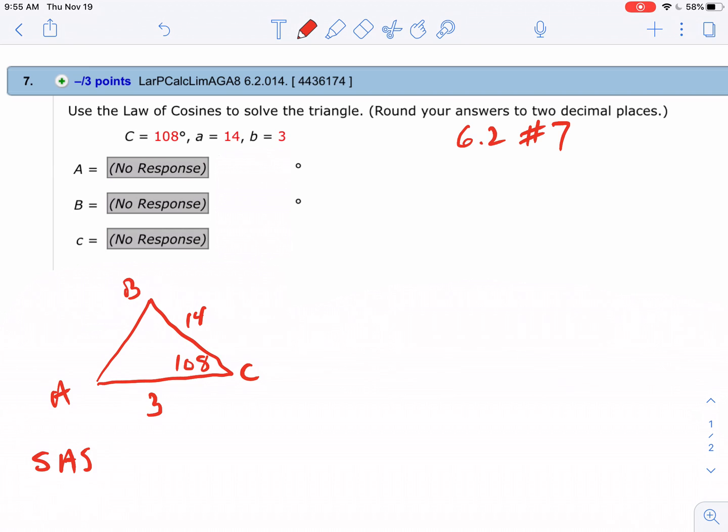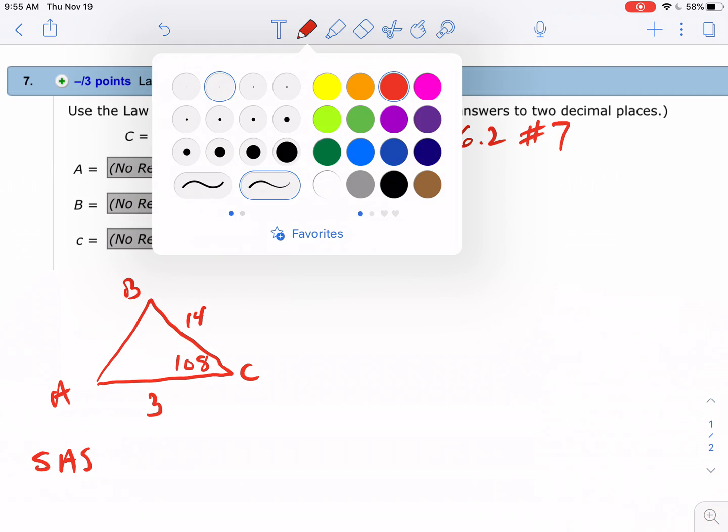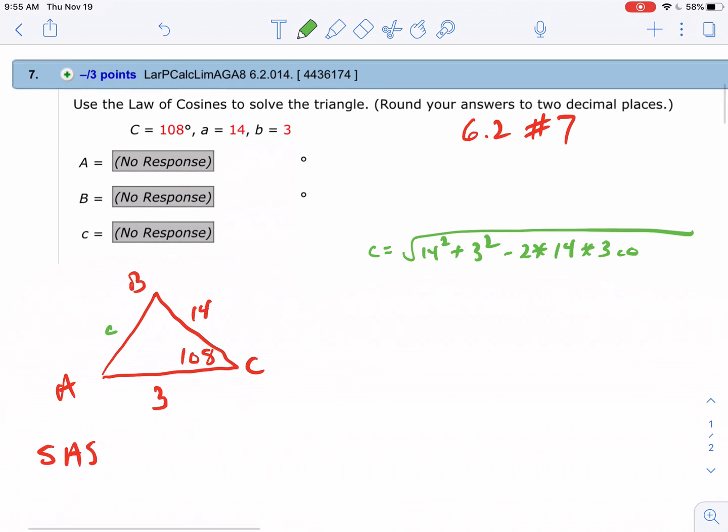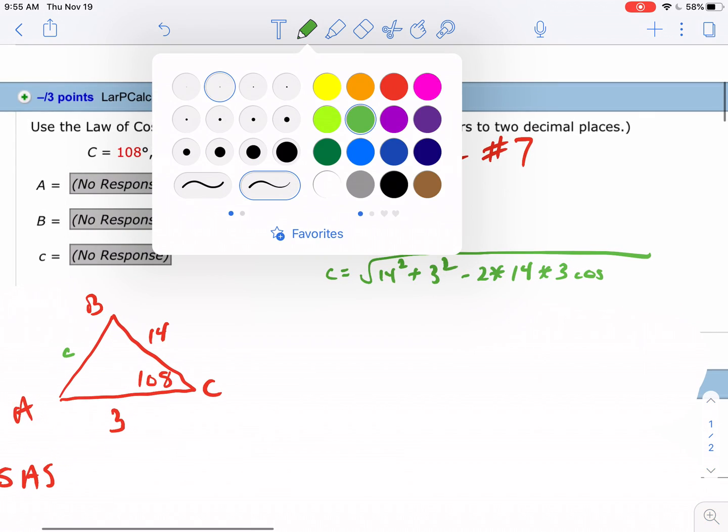So the first thing we have to find would be side C. I tend to do side C, and I do my square root right away, and I do my two sides, square them and add them, and then we subtract 2 times those same two sides, not squared though, and then you do the cosine of the included angle.